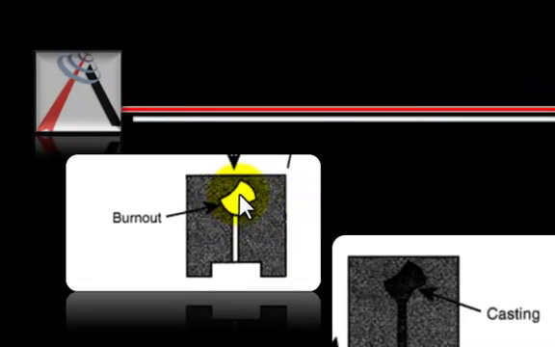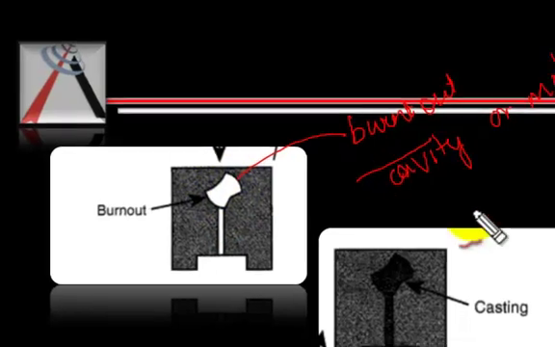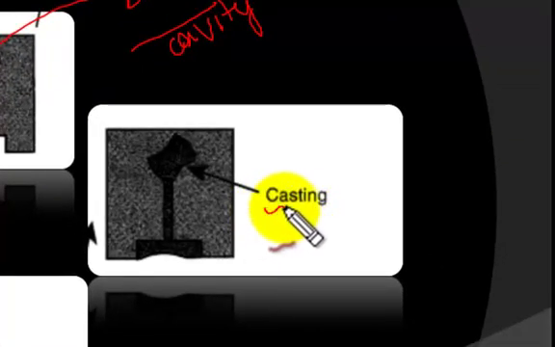In the burnout process, the wax pattern is totally burnt out. After the wax is eliminated, what we get is a cavity or a mold. This mold is a space wherein we'll be pouring our molten metal to get the casting or the metal restoration. The next step is actual casting.